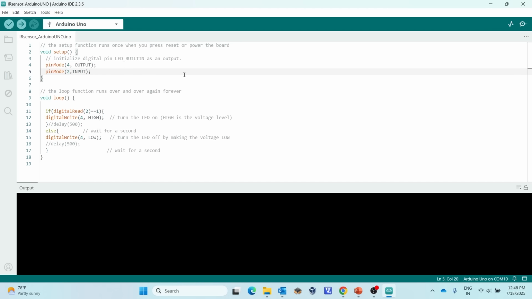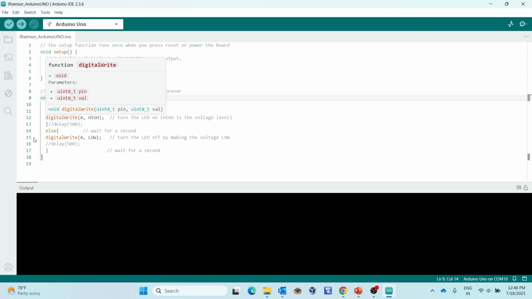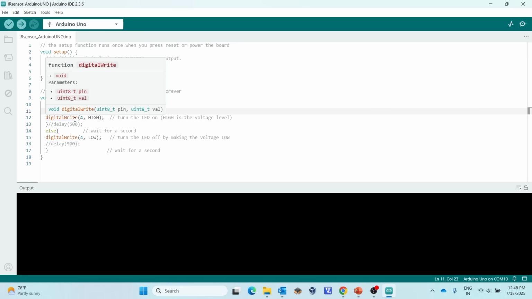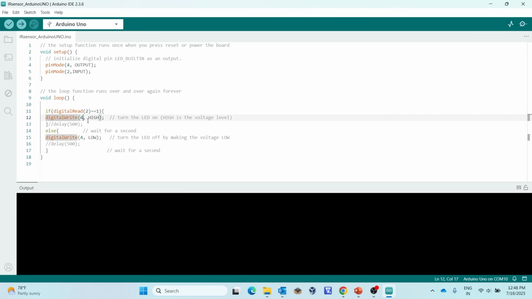Now, once this setup is done, inside the loop we'll give a logic. Suppose the digital read of pin number 2 is logic high, then only we need to toggle the relay. So that is why I've written, if digital read of pin number 2 is equal to 1, then digital write pin number 4, high.